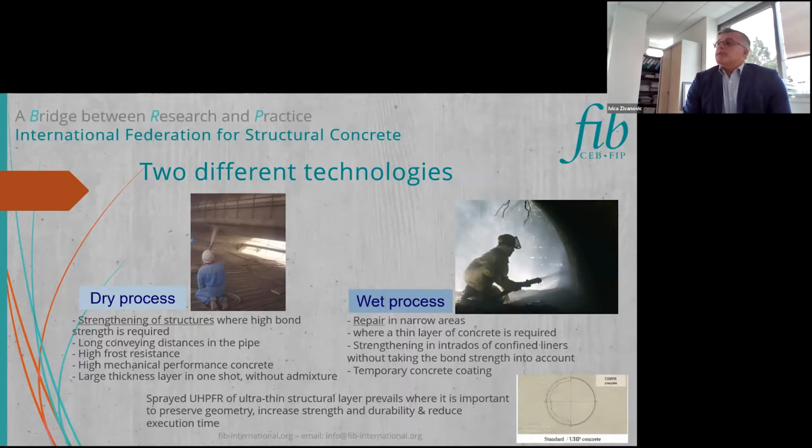The wet process is mainly for repair in narrow areas where a thin layer of concrete is required, with strengthening in the intrados of a confined liner, for example, without a significant requirement regarding the bond strength on the existing concrete coating.